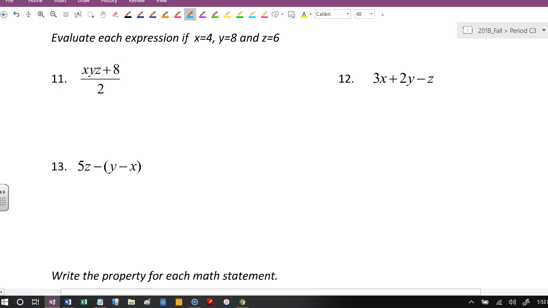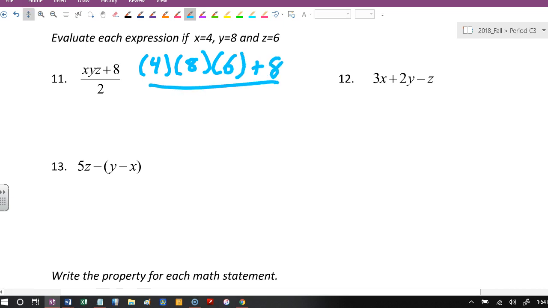I want you to tell me the parentheses. So parentheses 4, times parentheses 8, times parentheses 6, plus 8, all over 2. We don't want to shortcut evaluating expressions, because when you do that, I see a lot of students make mistakes, like people that can't draw straight lines.